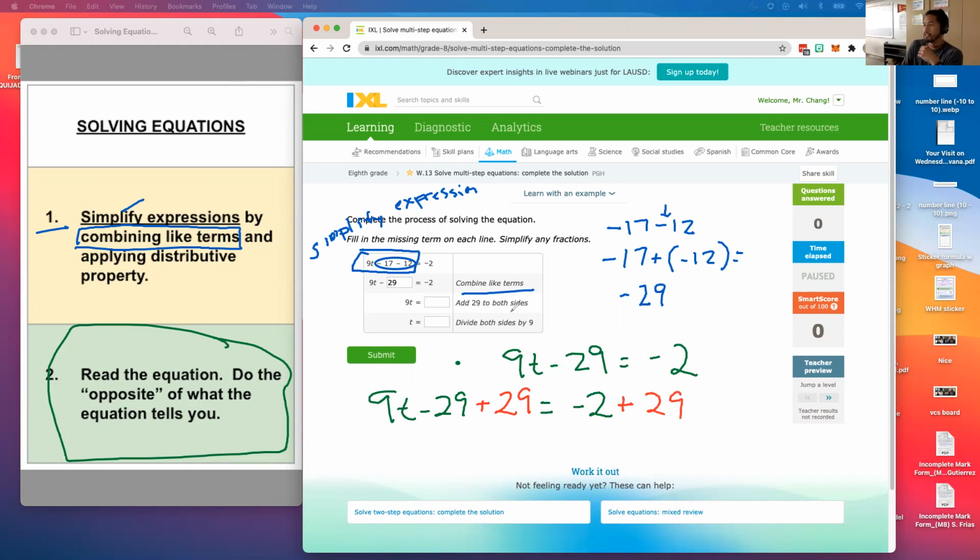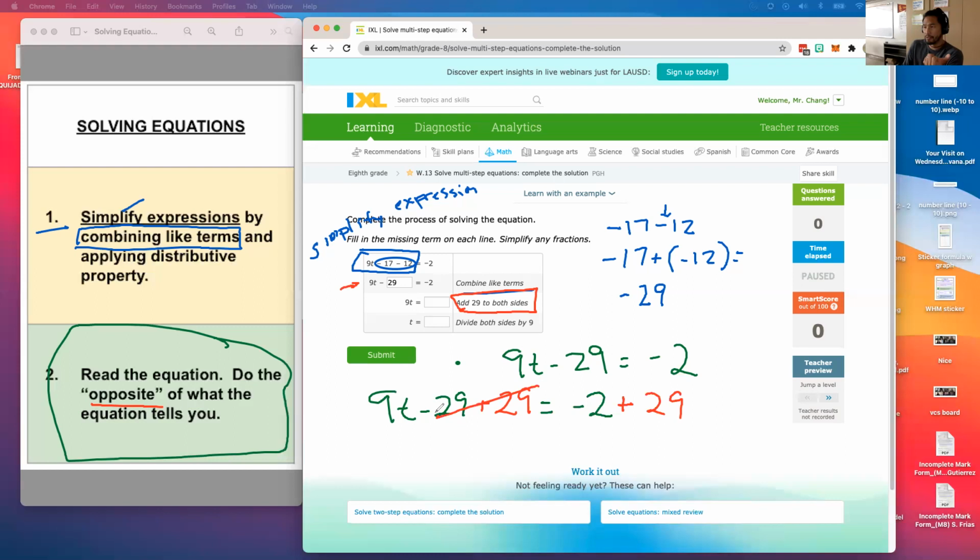So here it says add 29 to both sides. They're already telling you what to do. They're basically doing the opposite of what the equation above said. So 9t minus 29 is right up here. You're adding 29 to both sides. Now, when you add 29 to -29, you should recognize that as a zero pair.